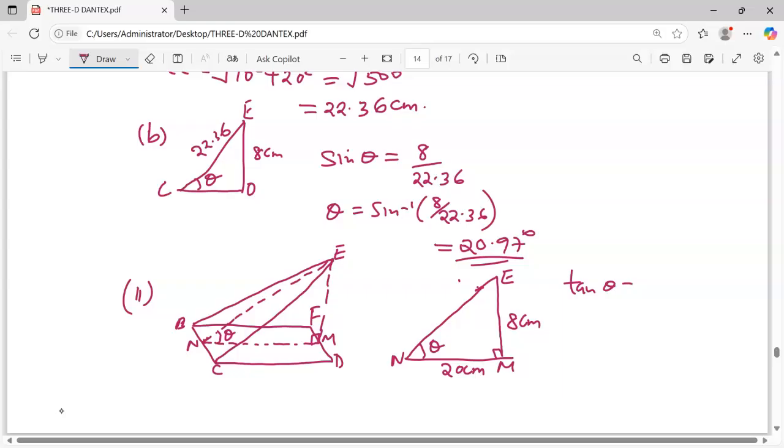Tan theta is given by opposite, which is 8, over the adjacent, which is 20. And for us to get the angle theta, we are going to find the tan inverse of 8 over 20. And this is going to give us an answer equivalent to 21.80 degrees, correct to 4 significant figures, or simply 2 decimal places.